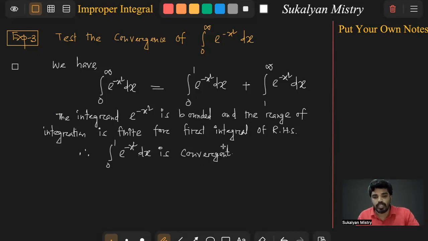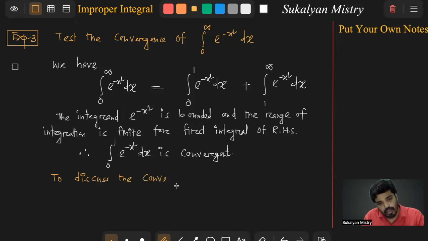Okay, so now we have to check for this integral, that is 1 to infinity e to the power minus x square dx. Okay, so to discuss the convergence of integration 1 to infinity e to the power minus x square dx.